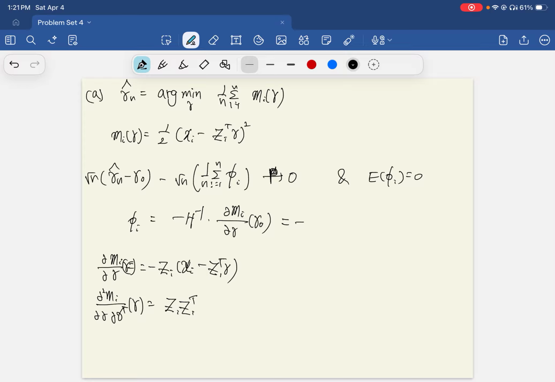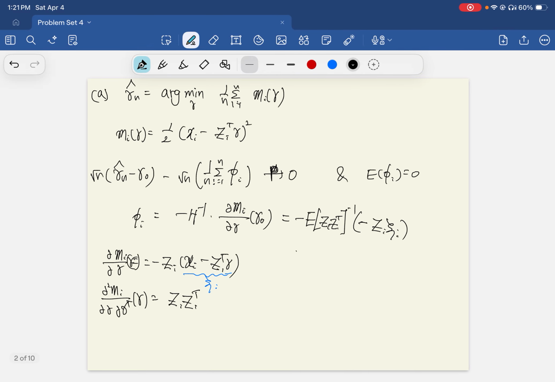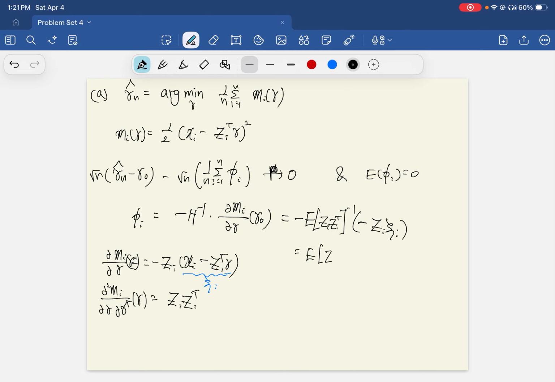Then it is minus the expectation of zi zi transpose, inverse, times, when you plug in gamma 0 here, this will become xi. So here you will have minus zi xi. So the minus signs cancel out, and the influence function from the first stage is this, which is the same as OLS as usual.